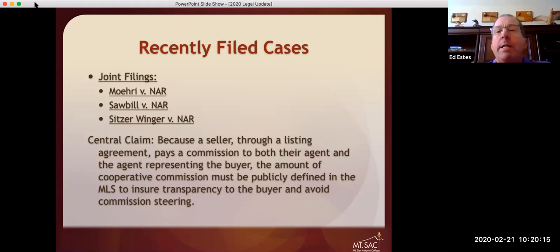And what they're trying to do is require that the multiple listing service will publicly display the amount of commission that's going to be shared to the cooperating agent in the public comments in the MLS, so that when Zillow and these other third-party sites pick up information from the MLS, the viewer of the MLS can see how much commission the agent who will be representing them is receiving from the agent who has taken the listing.